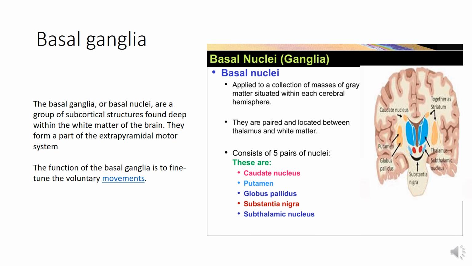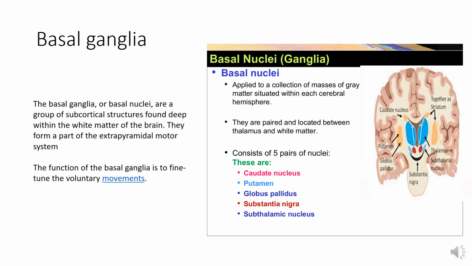They act as relay stations with connections to many parts of the brain, including the motor areas of the cerebral cortex and the thalamus. Their functions include initiation and fine control of complex movement and learned coordinated activities such as posture and walking. And if control is inadequate or absent, movements are jerky, clumsy, and uncoordinated.